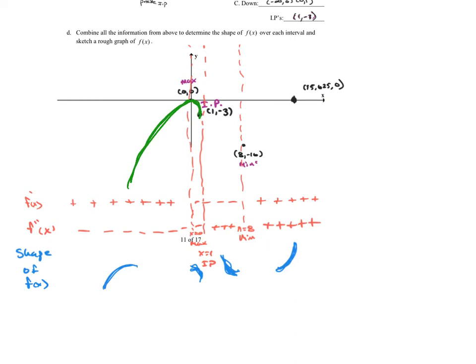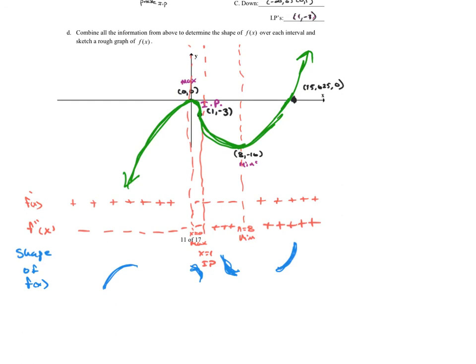Between 1, negative 3 and 8, negative 16, I have to connect those using the left half of a smiley. And then anything to the right of 8, negative 16, I have to make a right half of a smiley, but I do have to remember to go through that next x-intercept, which would be something like this right here. So the graph of this function looks really weird, but this is what the graph is.